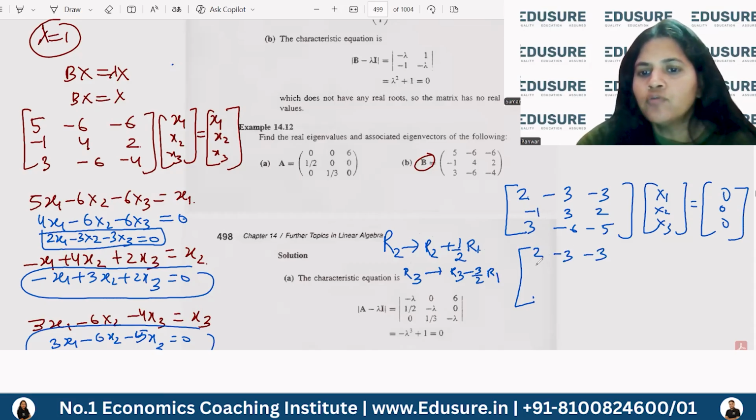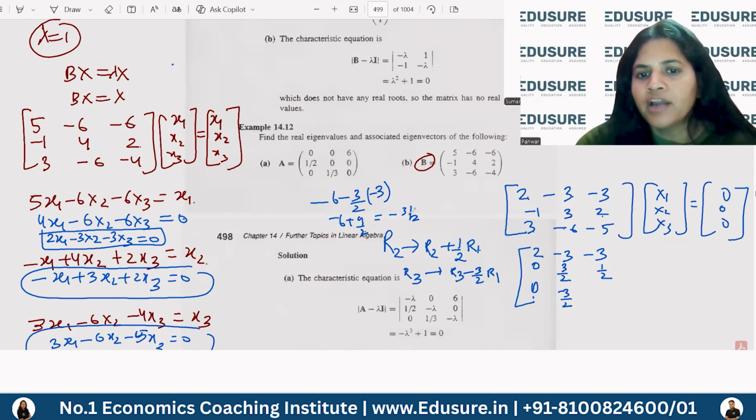Minus 1 plus half of 2, 0. 3 plus half of minus 3, 3 by 2. 2 plus half of minus 3 by 2. So that is half, because 2 minus 3 by 2 is half. Then 3 minus 3 by 2 of 2, 0. Minus 6 minus 3 by 2 of minus 3. So it is going to be minus 6 plus 9 by 2. So minus 15, so minus 3 by 2. Minus 12 plus 9, so minus 3 by 2.